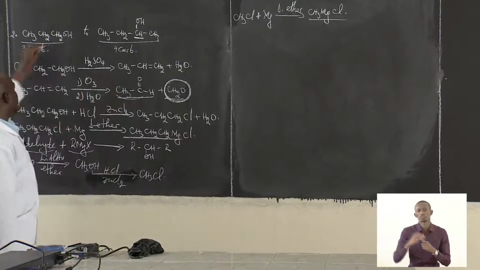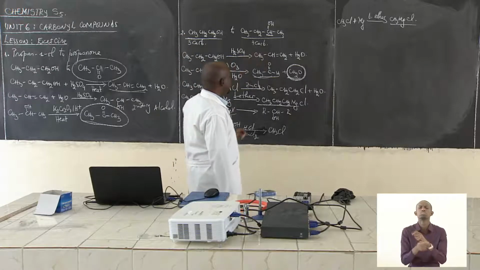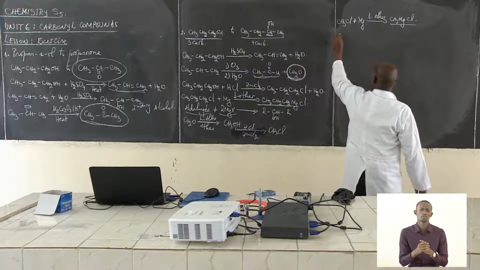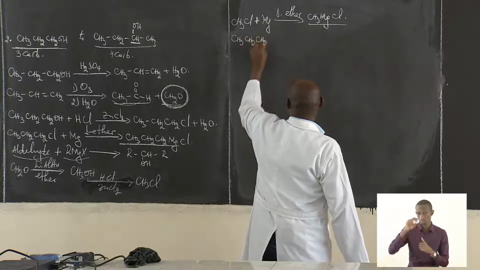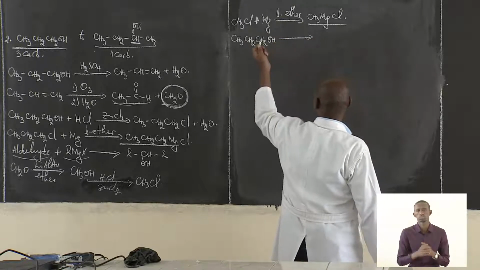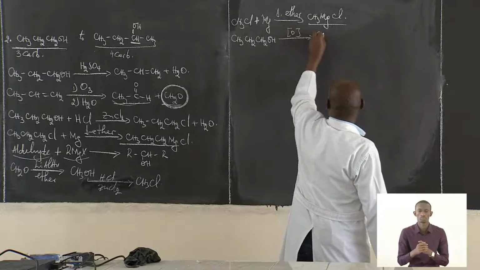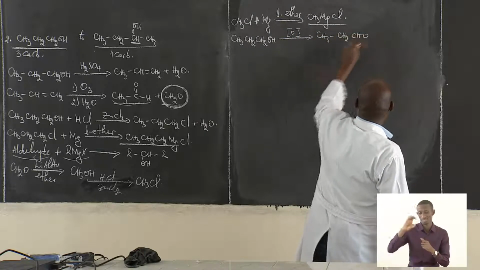Now, how do we transform this one to get an aldehyde we need? So we have this one which will be oxidized, CH3CH2CH2OH. We use a weak oxidizing agent, or we can distill off the product. The oxidation gives us CH3CH2CHO.